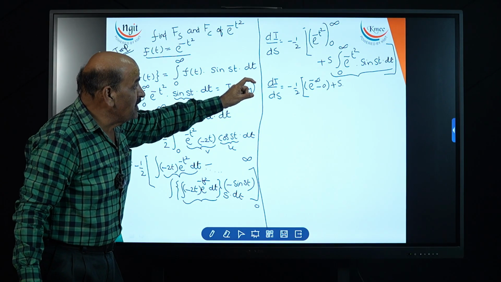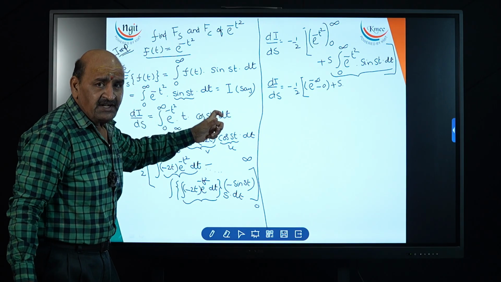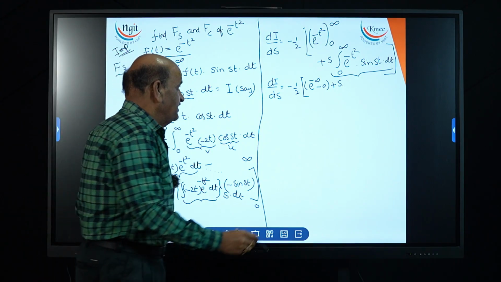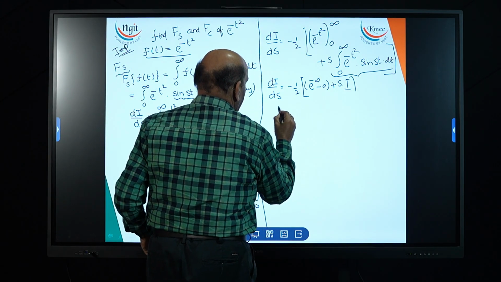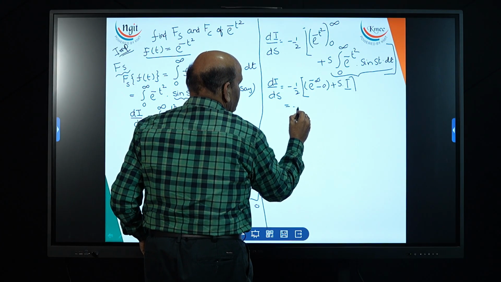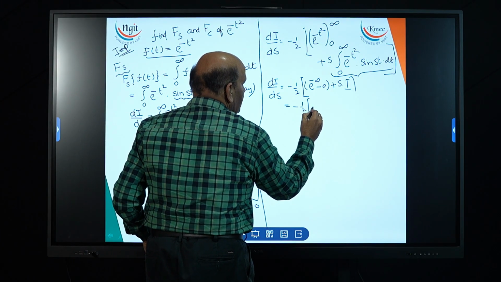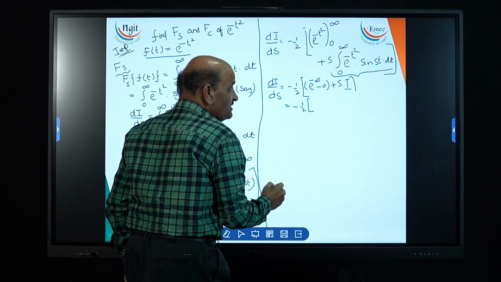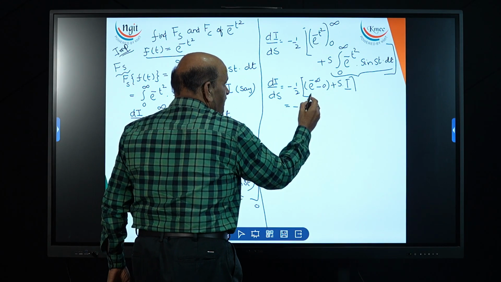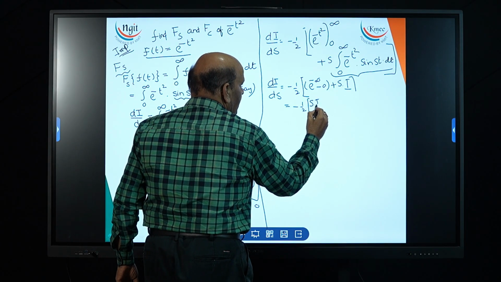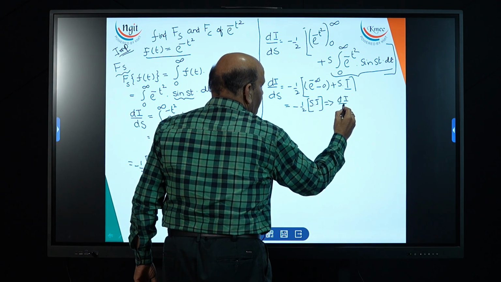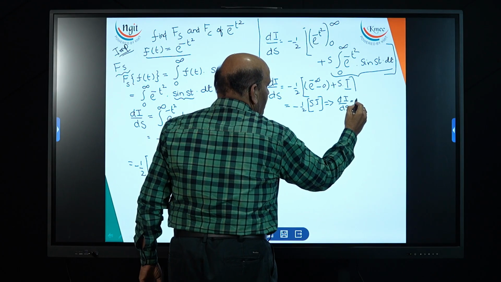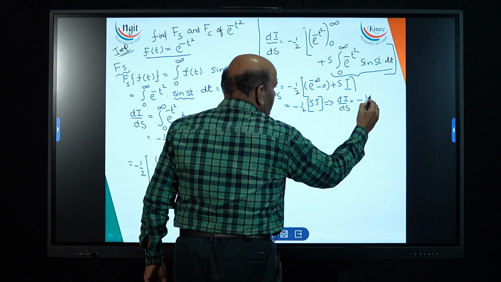I. So instead of that entire integral, we can write I. Therefore, this will become sI. Now this implies minus half into e power minus infinity, 0, 0 minus 0, plus s into I. This implies dI/ds is equivalent to minus half sI.